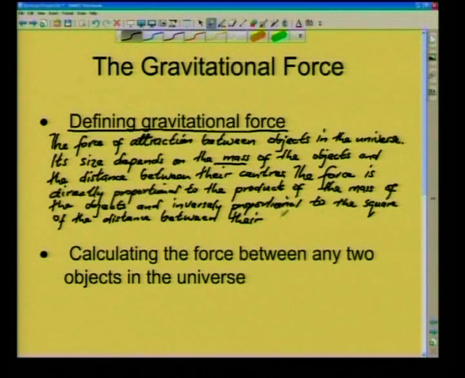Okay, so this is how the force of gravity depends on the mass and the distance between objects.